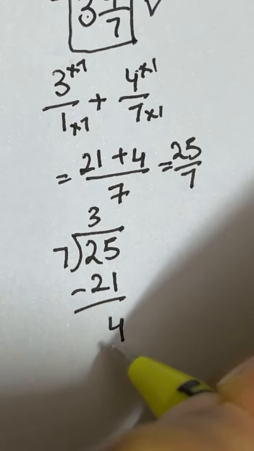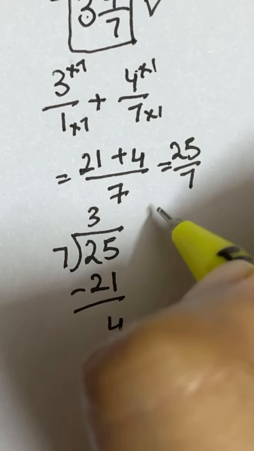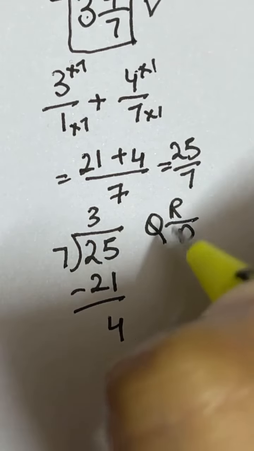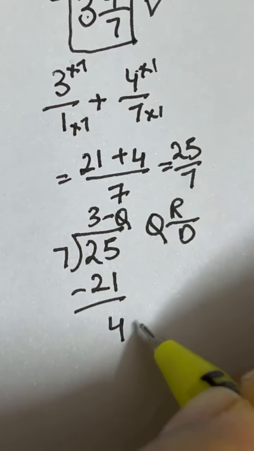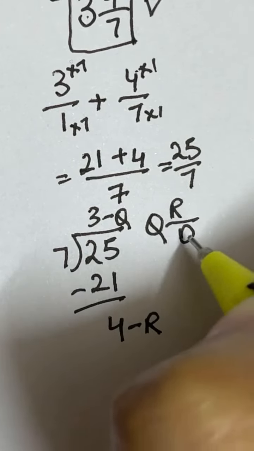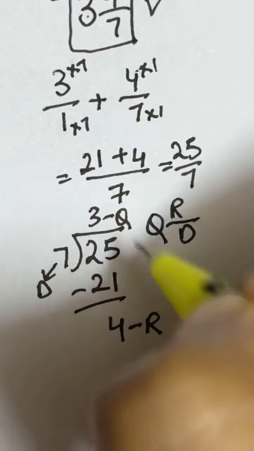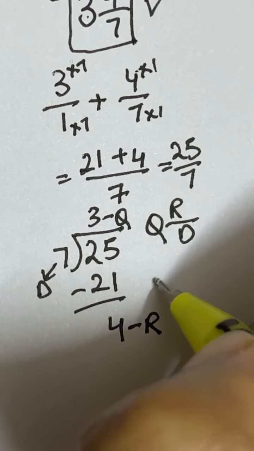And what is the rule of writing a mixed fraction? The rule is called QRD. Q is for quotient, R is for remainder, and D is for divisor, or the denominator, which is always the same. So you have the denominator or the divisor as 7.